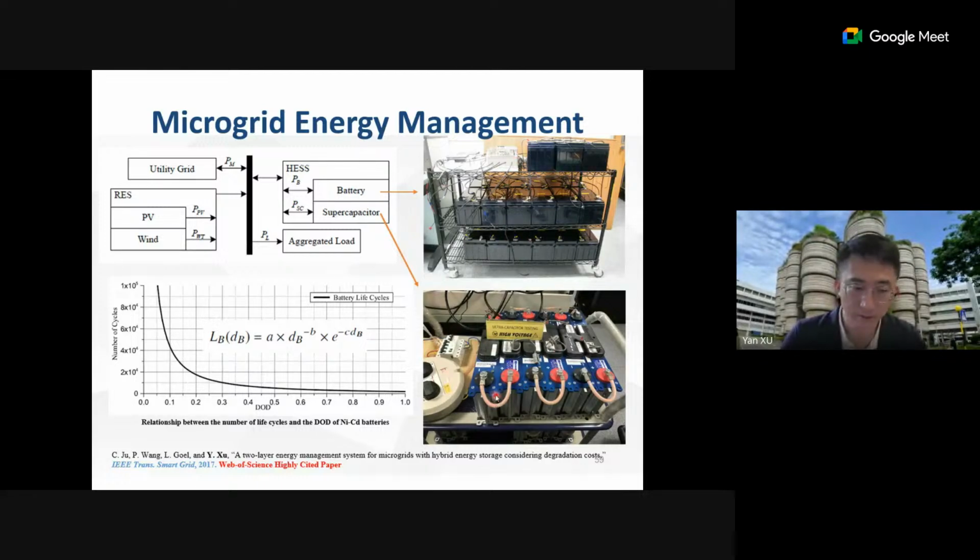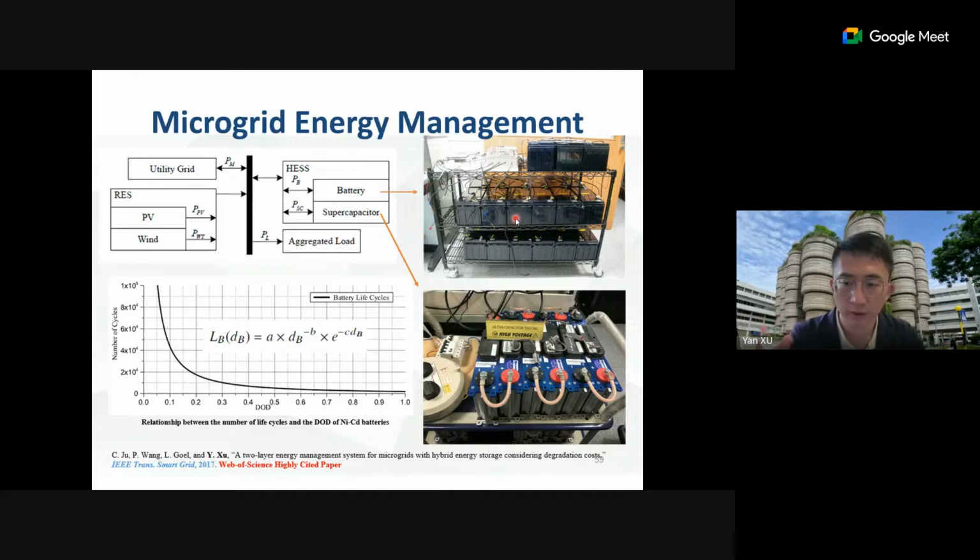As we introduced yesterday for energy storage technologies, the supercapacitor has a very high power density, but the energy density is low because it's expensive and difficult to scale up, right? And the lead acid battery, by contrast, has a relatively high energy density.